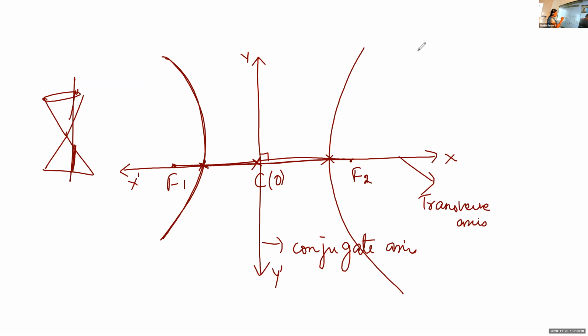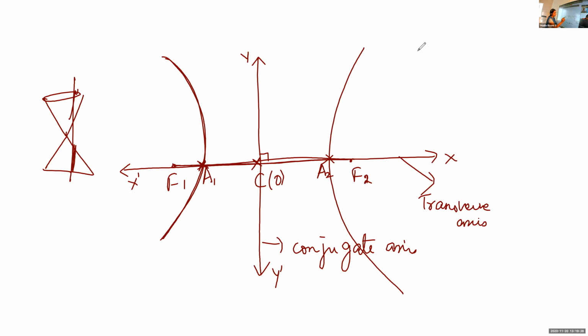Suppose we denote them as A1 and A2. These two vertices lie on the x-axis because we are taking the transverse axis as the x-axis.